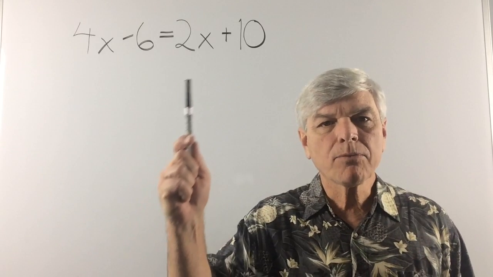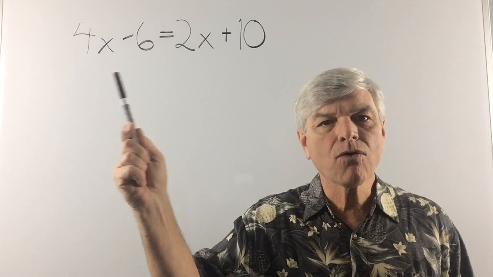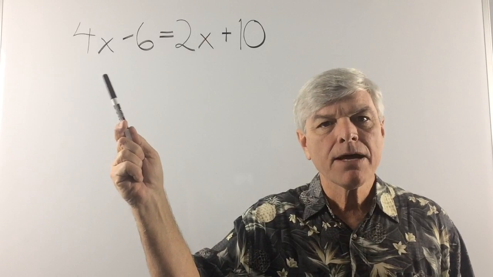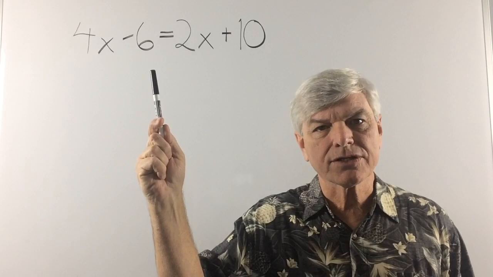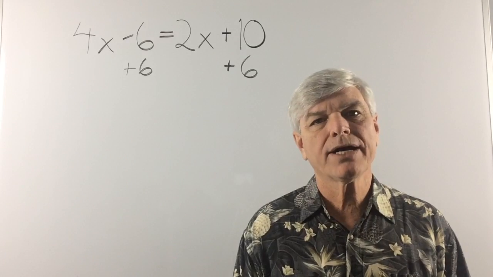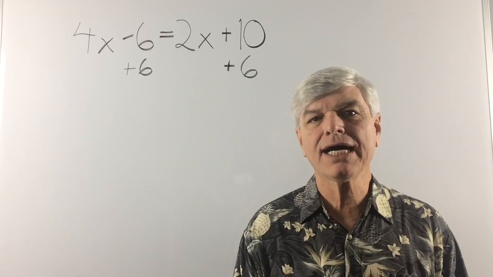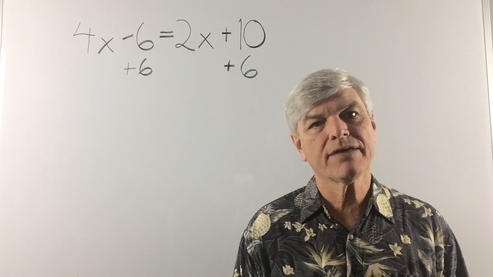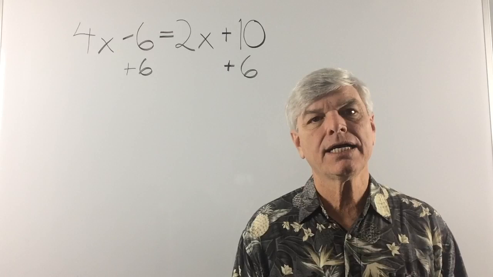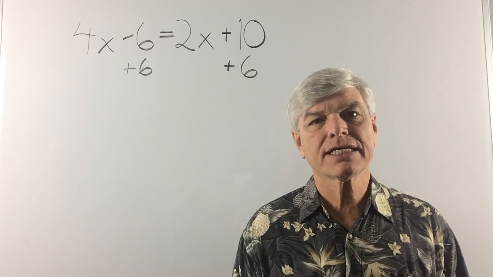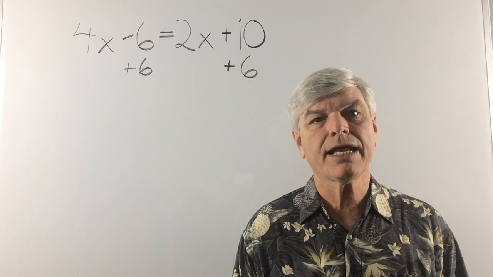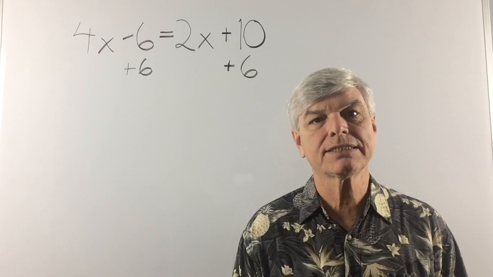And we're going to bring this 2x over here. But let's get rid of our units first. That's right, on the left-hand side we have negative 6, so we're going to have to add positive 6. Whatever we do to the left-hand side, we do to the right-hand side. So that's going to be negative 6 plus 6 and positive 10 plus 6.